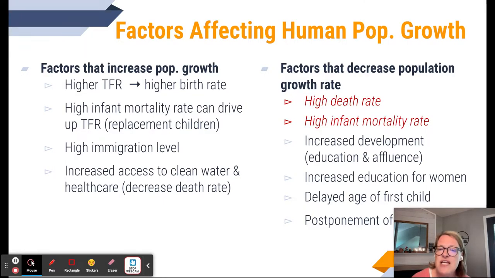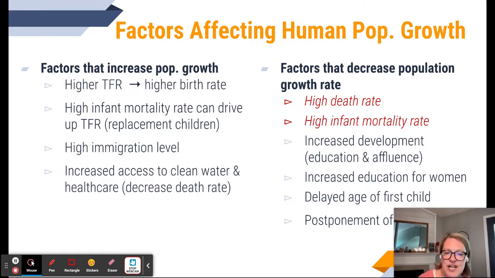Okay, so factors that affect human population growth. The factors that increase population growth are a higher total fertility rate, which increases the overall birth rate, and high infant mortality. A high infant mortality rate can actually drive up your TFR because of the replacement idea, that you're replacing the children that passed away.